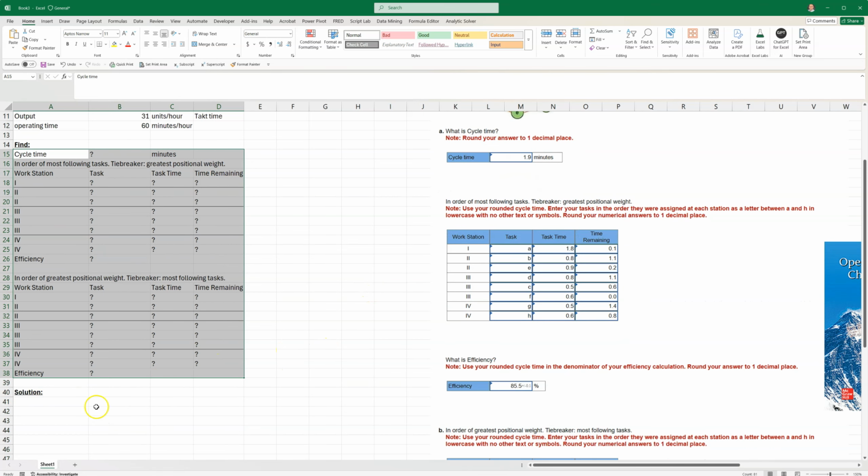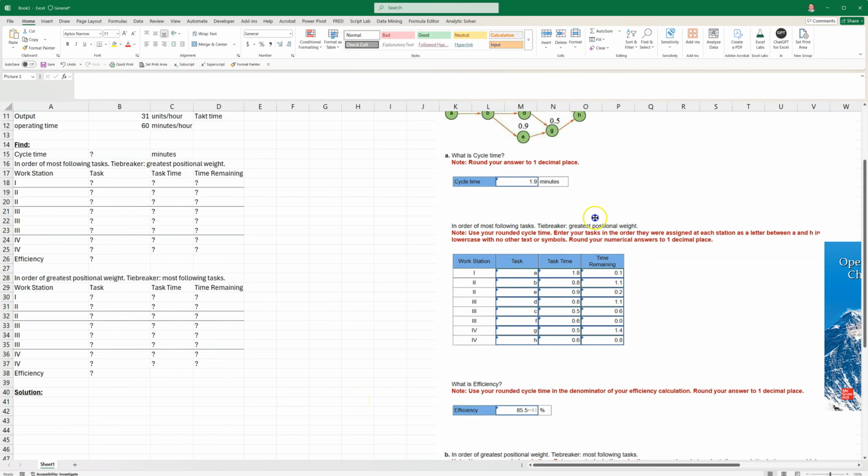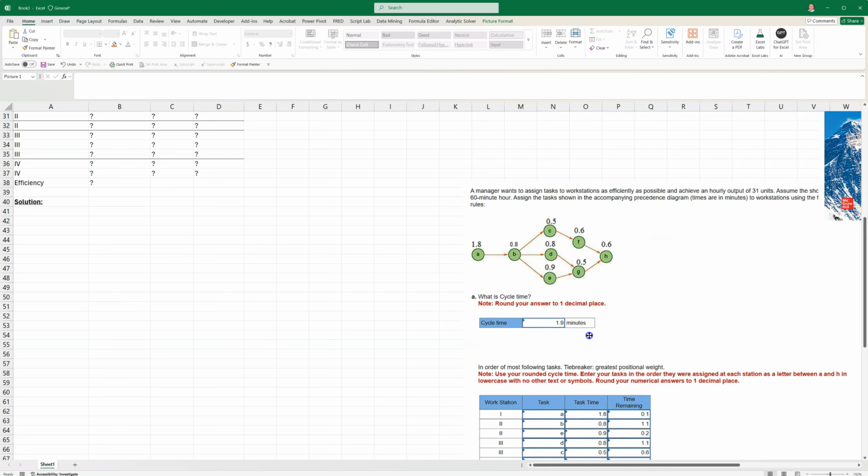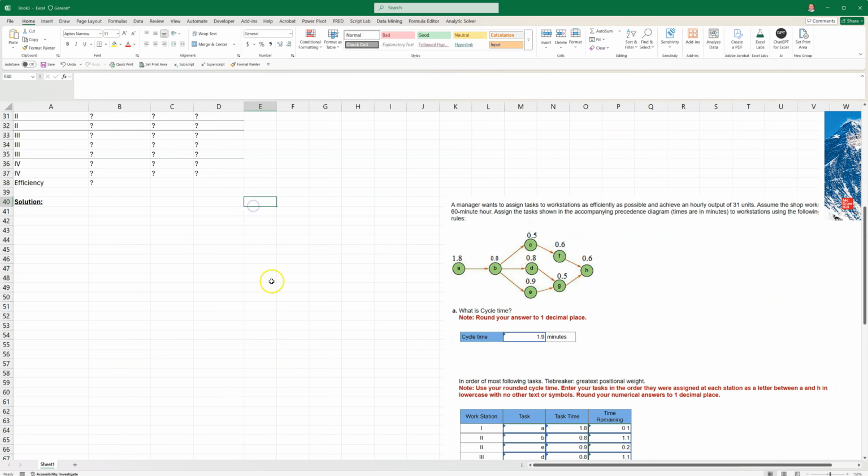The first thing we're going to do is go over here to the right, and I'm going to drag this diagram down so we can see it. So we want to say what task we have. Let me move this down just one.